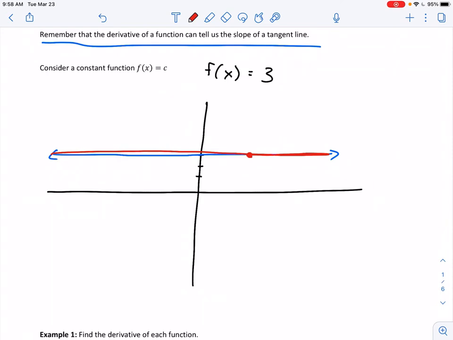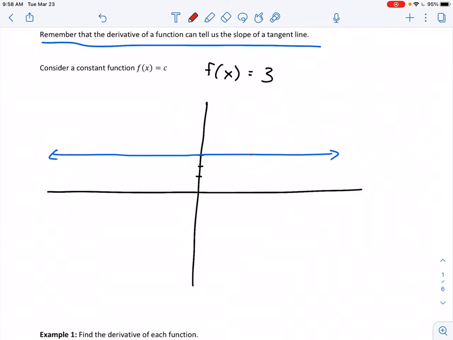Well, I want to think about what's the slope of this tangent line, because that might give me a clue to the derivative. Well, here I have a horizontal line. We said in the last section that the slope of a horizontal line is 0.